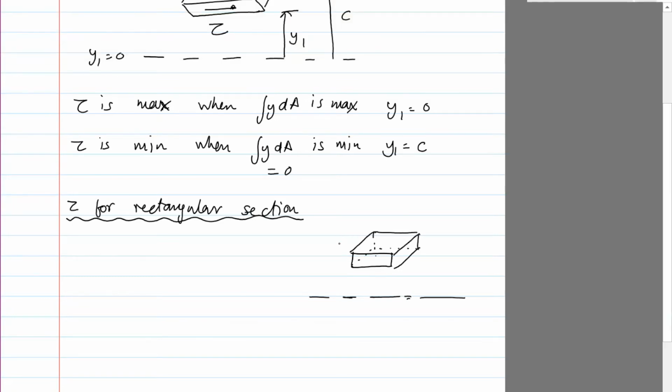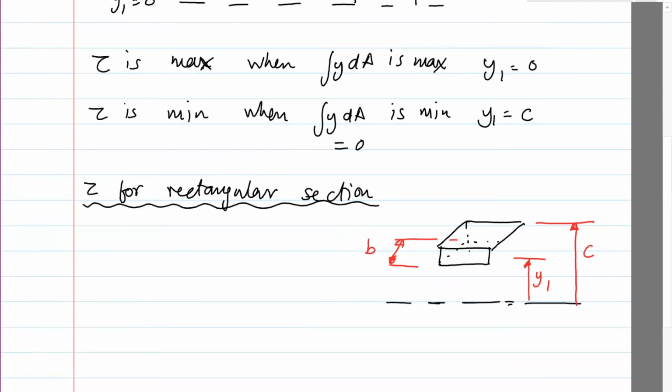Let's assume the width is b. The bottom section is at a distance of y1, the top section is at a distance of c, and there's a small strip here, dy, at a distance of y from the neutral axis.